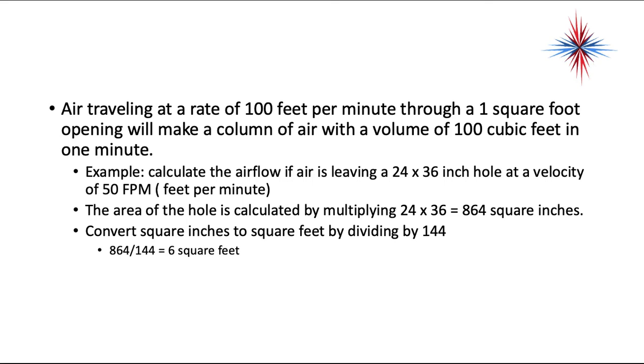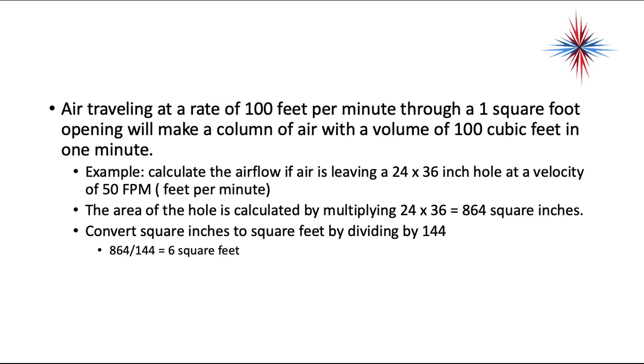Okay, another example. Calculate the airflow leaving a 24 by 36 inch hole at a velocity of 50 FPM, which is feet per minute. The area of the hole is calculated multiplying 24 by 36. That's 864 square inches. Now you have to convert the square inches to feet by dividing by 144.